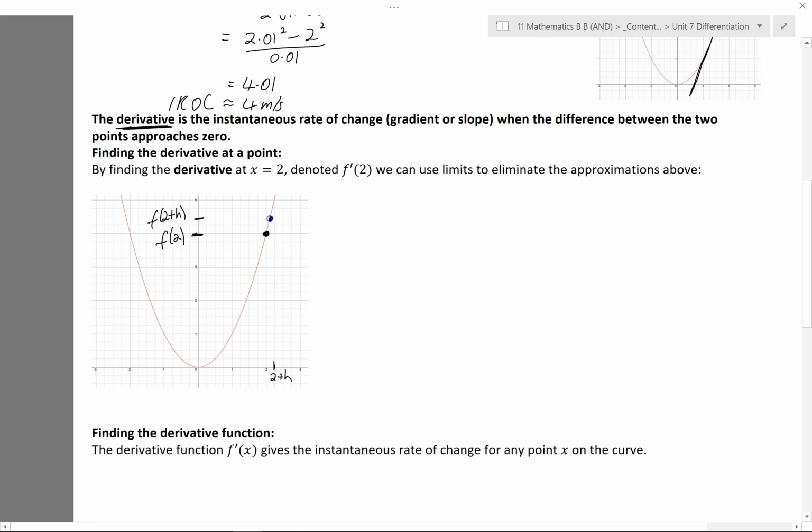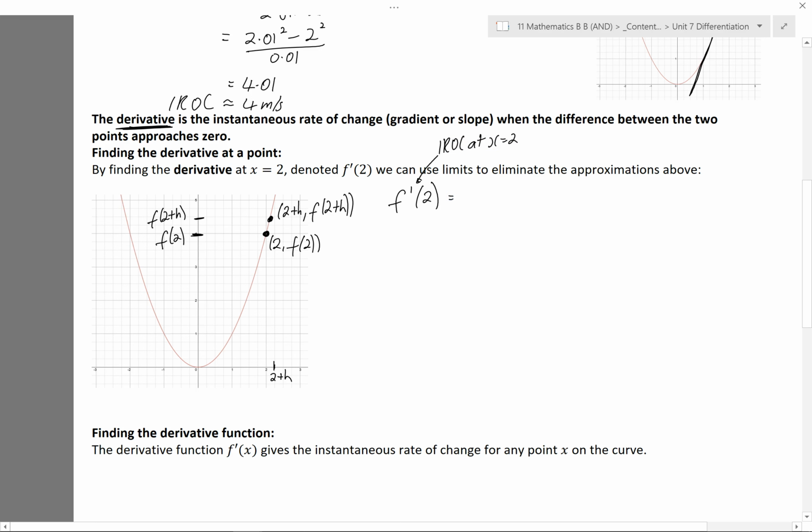So I've got 2 points, (2, f of 2) and (2 plus h, f of 2 plus h). And I'm going to find the instantaneous rate of change at 2, which has this symbol f dash of 2, the instantaneous rate of change at x equals 2.